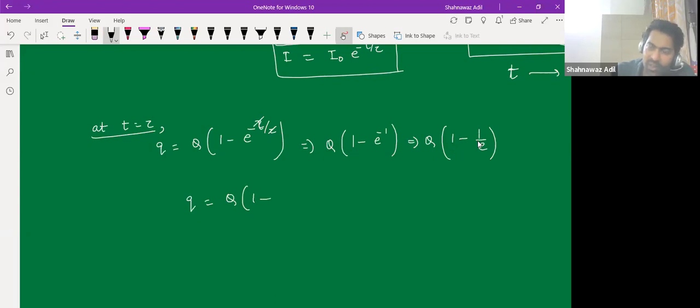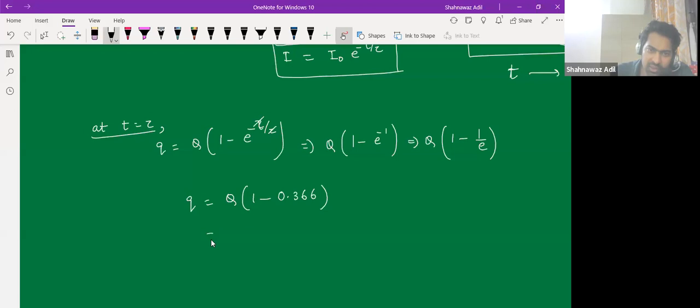1 minus 1/e is 0.632, right? So how much is 1/e? 1 divided by 2.73 is 0.366, right?